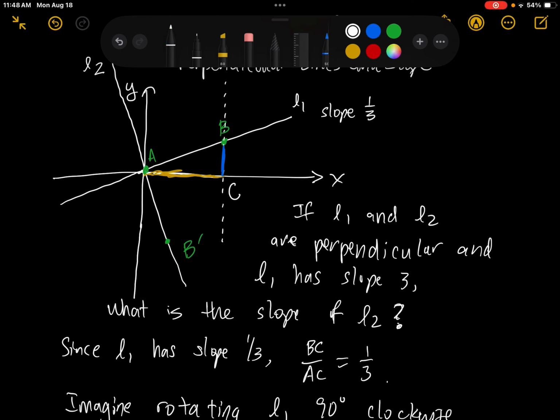So B will go to B prime, and C will go to C prime, which is directly below A. And this line segment AC will become this vertical line segment AC prime. And BC will turn into the line segment B prime C prime.